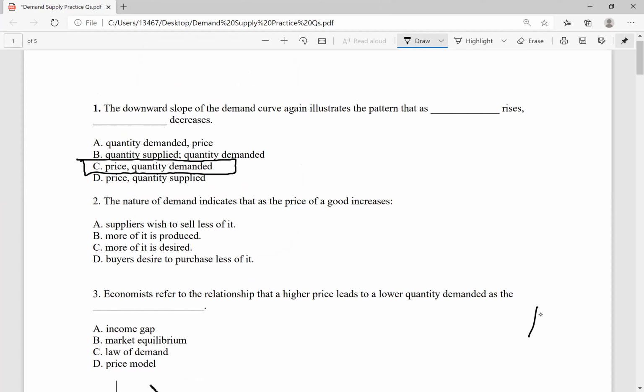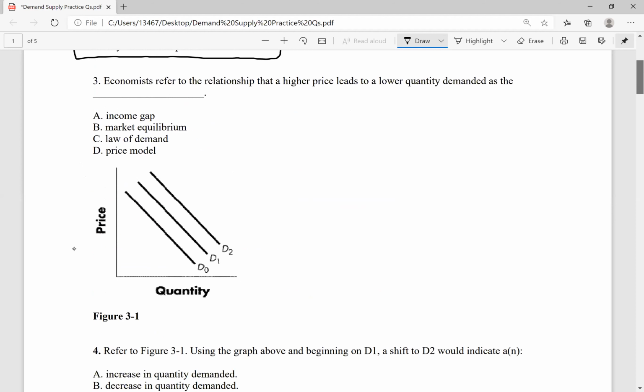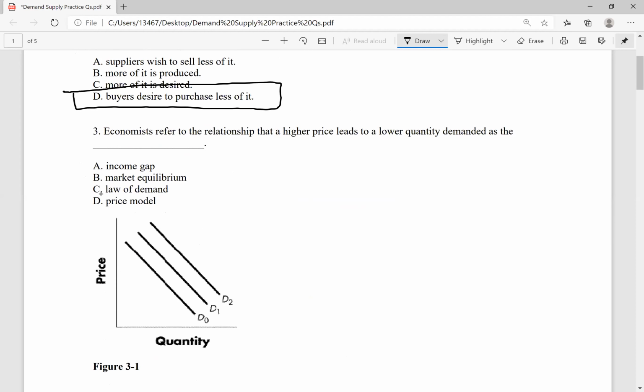Now take a look at question number 2 here. It says the nature of demand indicates that as the price of the good increases, the buyers will buy less of this good. The answer will be the law of demand.